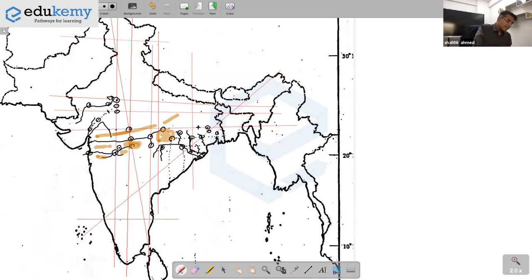You can mark this somewhere here as Dhanbad, more or less. ये रांची है आपका, रांची, Dhanbad, Asansol. Okay. So if I number them, this is Ranchi, this is Dhanbad approximately, this is Asansol, and this is Kolkata.